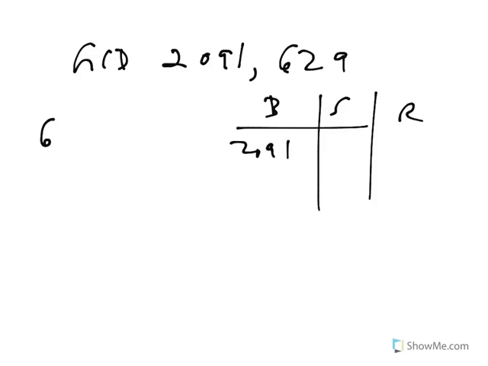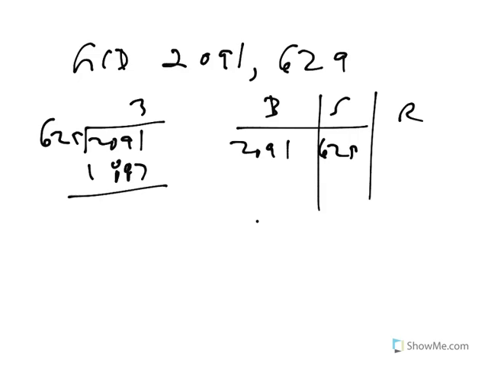So we divide 629 into 2091. It goes 3 times. 3 times 629 is 1887. Subtract. That's our remainder, 204.